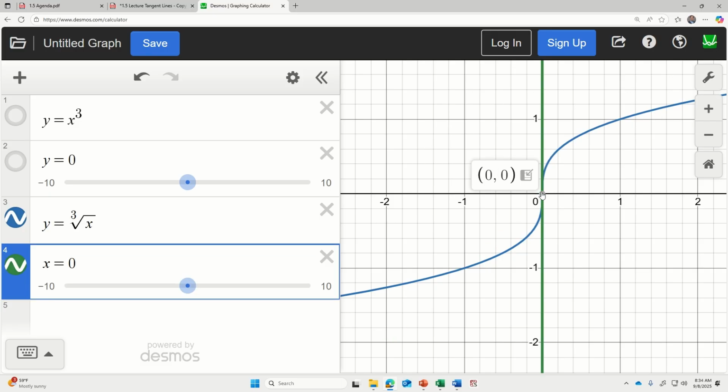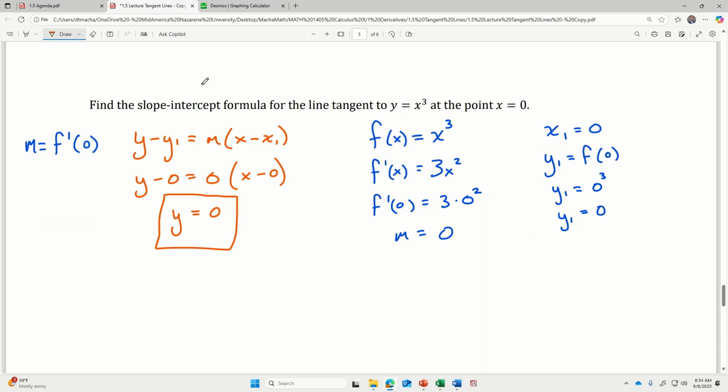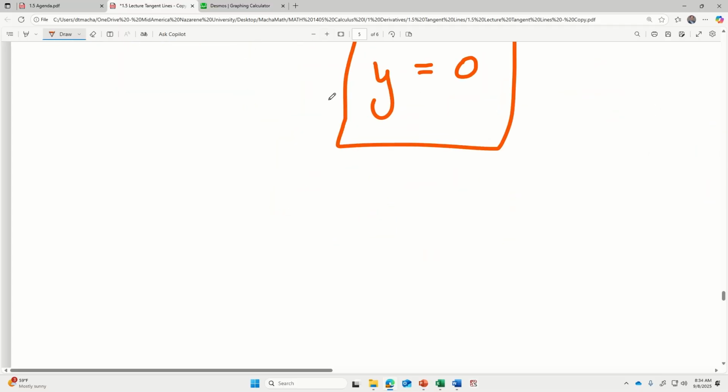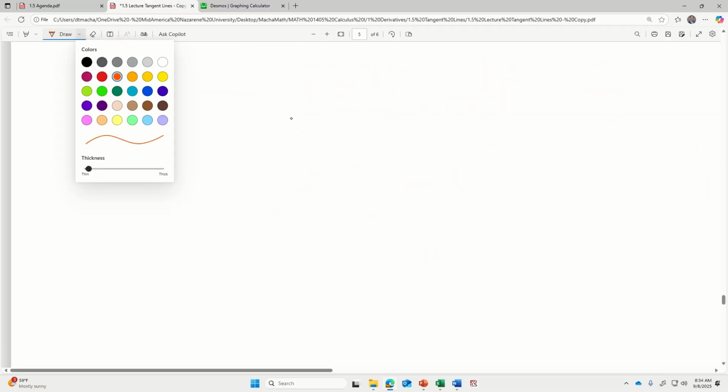It doesn't really have a slope-intercept form. In fact, I don't have it in my notes, but let's try that. Let's try to find the tangent line for the cube root of x and see what we get. I wonder if the math works, you know? Like if the same process can be used to find the tangent line of the cube root of x this time.